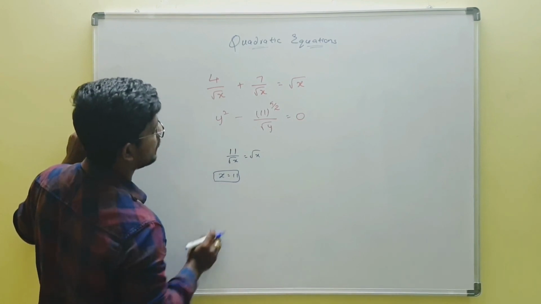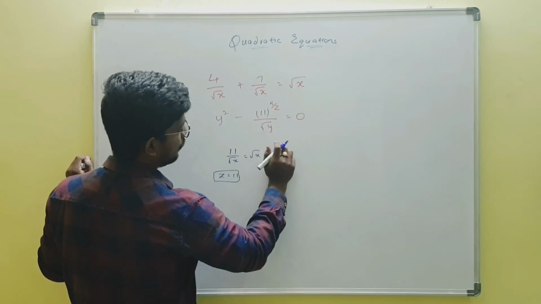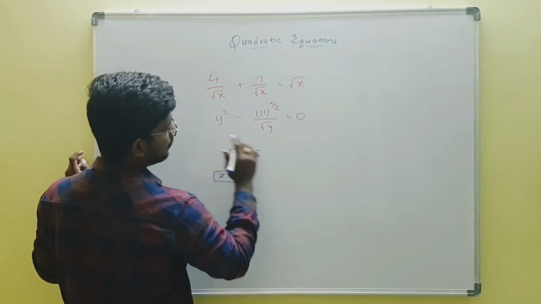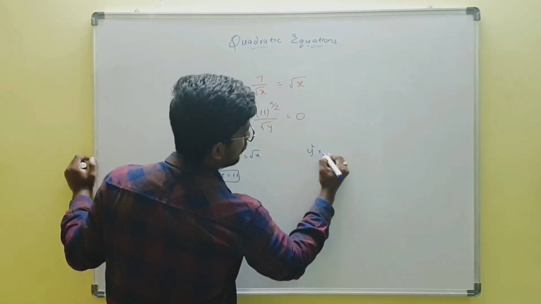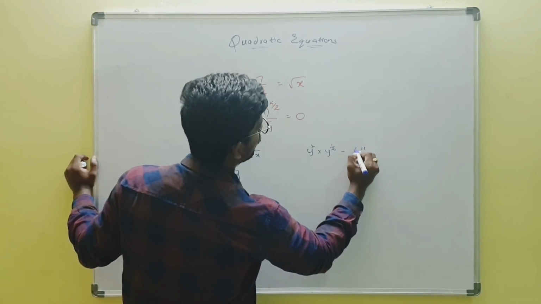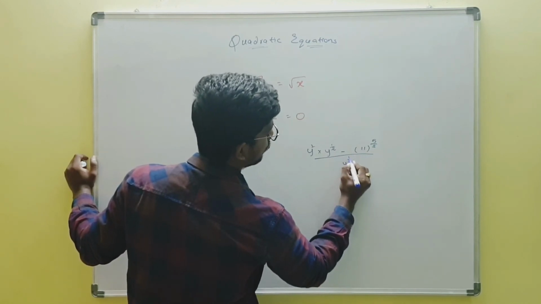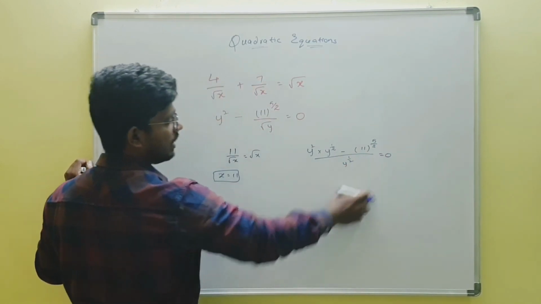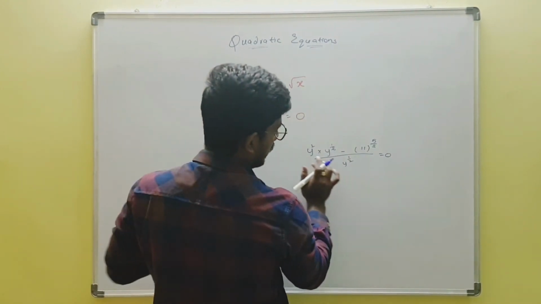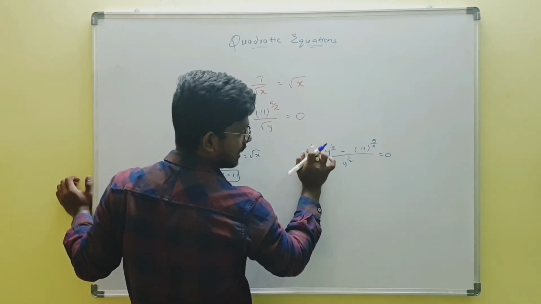So the x root is obtained, and for the second equation, I will take root y as y to the power of 1 by 2. So taking the LCM, I have to multiply y square with y power 1 by 2, minus 11 to the power of 5 by 2, by y power 1 by 2 is equal to 0. Taking y to the power of 1 by 2 to the right hand side, I get 0. Here the bases are the same and the powers are 2, therefore I can add the powers.